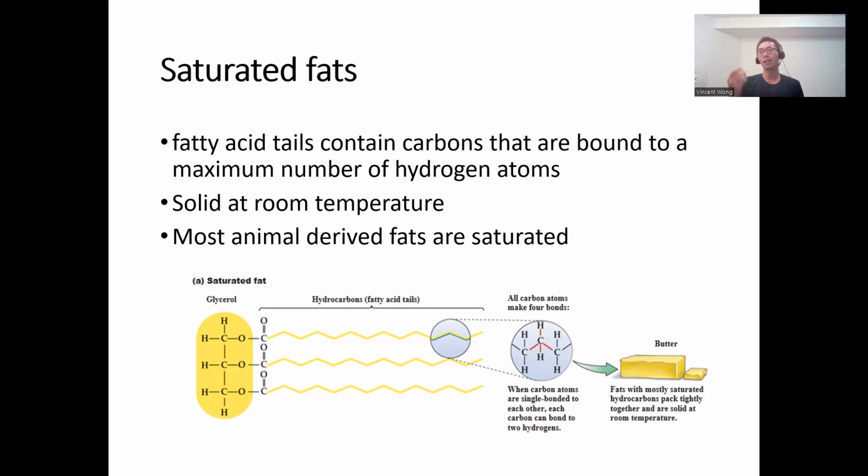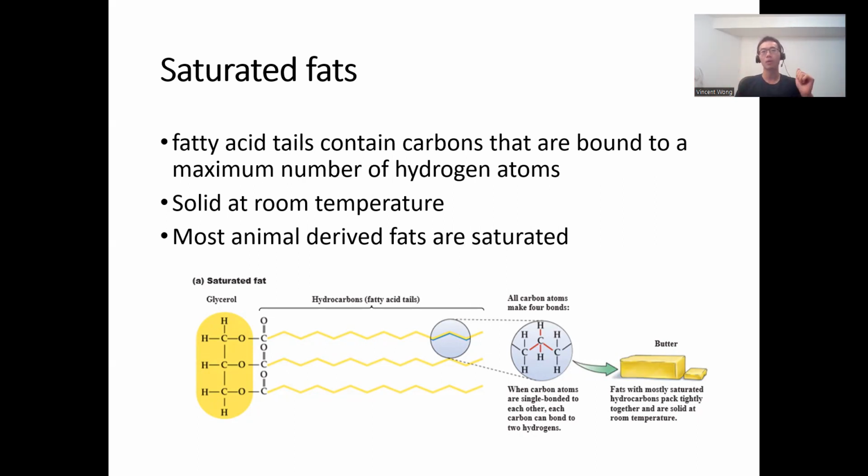In the case of saturated fat, the tail, which, again, I told you earlier, right? It's carbon connected to a bunch of hydrogen, right? So in the case of saturated fat, the carbons in the tail are connected to as many hydrogens as they possibly can. There's literally no room for extra hydrogen. That's why we call it saturated fat, okay? Saturated fatty acid, because it has no more room to put more hydrogen on.